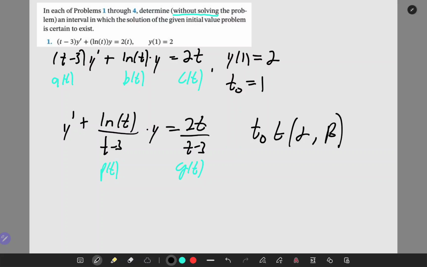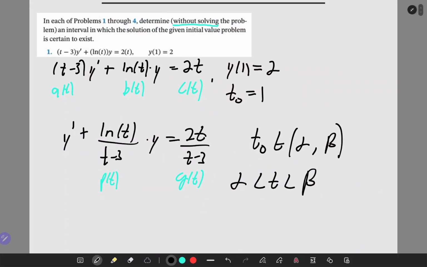Remember, it's linear, so we only have one interval. For nonlinear, we have two intervals. For linear, we have one interval, and that's t. So t is between alpha and beta, where t naught exists on alpha and beta. So we have to make sure that t naught is either alpha or beta, or a value in between. So we have to find alpha and beta first.